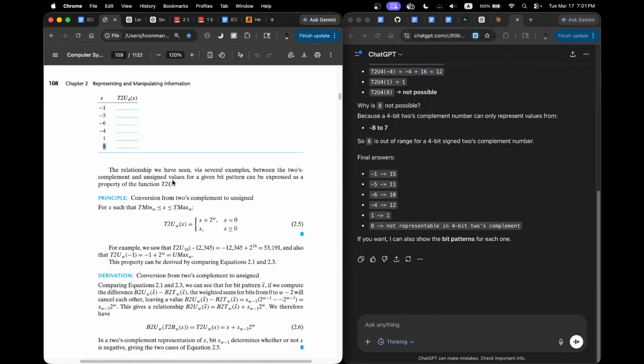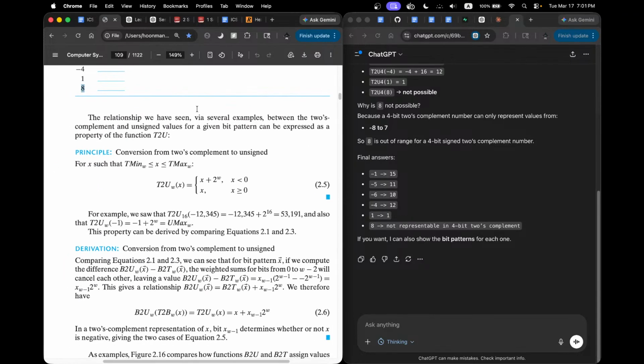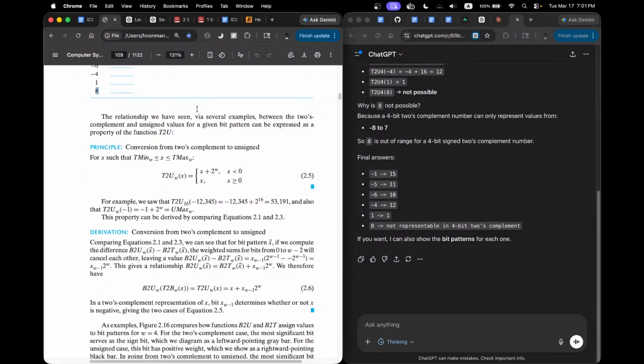The relationship we have seen between the 2's complement and unsigned number for a given bit can be expressed as a property of the function t to u. Okay.